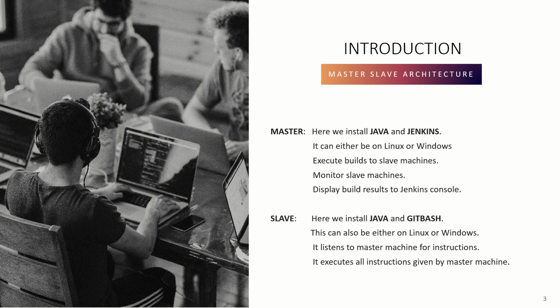The slave has the prerequisite of having Java, and then we'll also need Git Bash on the slave. It can also be Linux or Windows, but in today's demo we'll use Windows. It listens to the master machine for instructions, and it executes all instructions given by the master machine. So this is our master slave architecture.